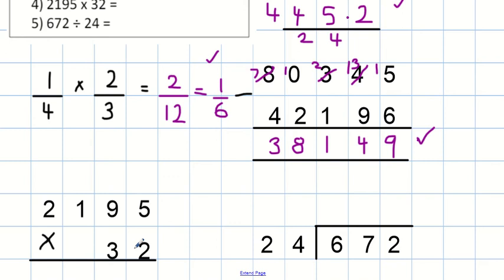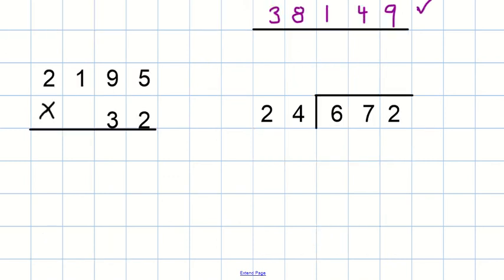We've got 2,195 multiplied by 32. Okay, so we're going to start in the ones. I've set up my formal column method here with 5 times 2, which is, that's right, 10. 9 times 2 is, well done everybody, 18.